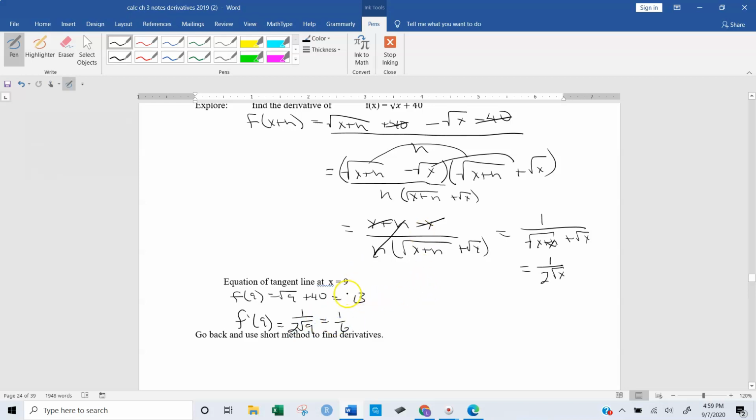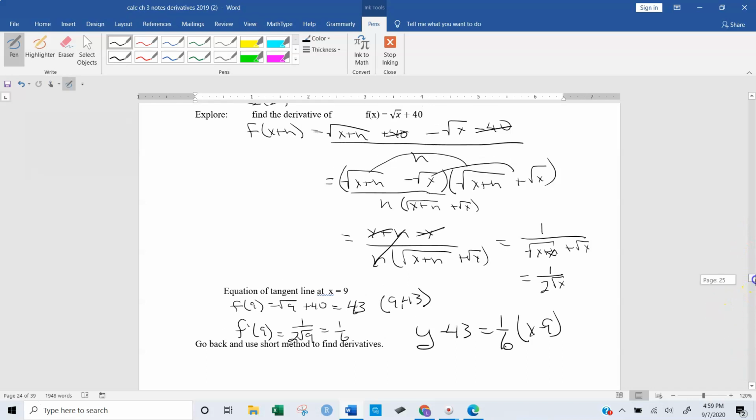So this point is (9, 43). Your equation: y minus 43 equals 1/6 times x minus 9.